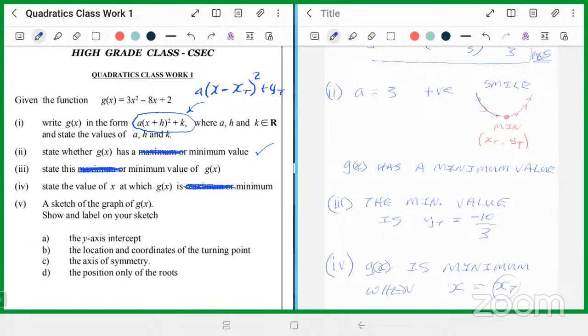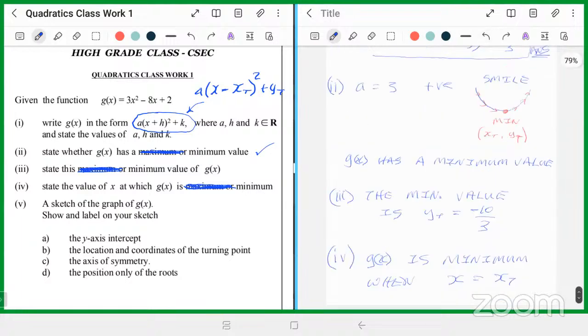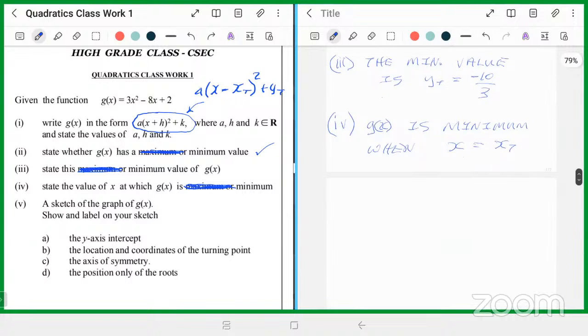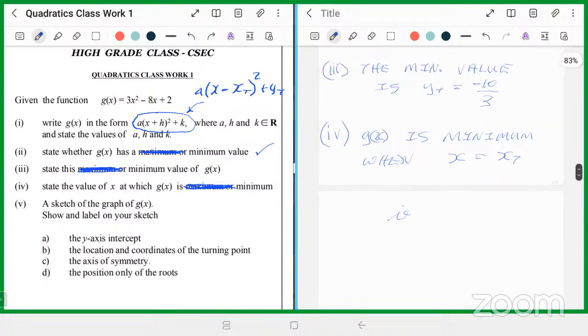And what is the xt value? 4/3. So we can say, i.e., that is when the x value is 4/3. So this is the value of x that will make the function have a minimum value. And it all happens at that minimum point. That's the answer for part 4.